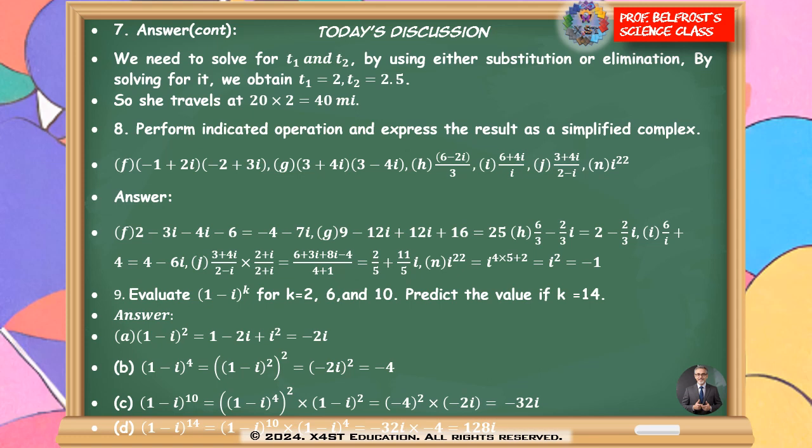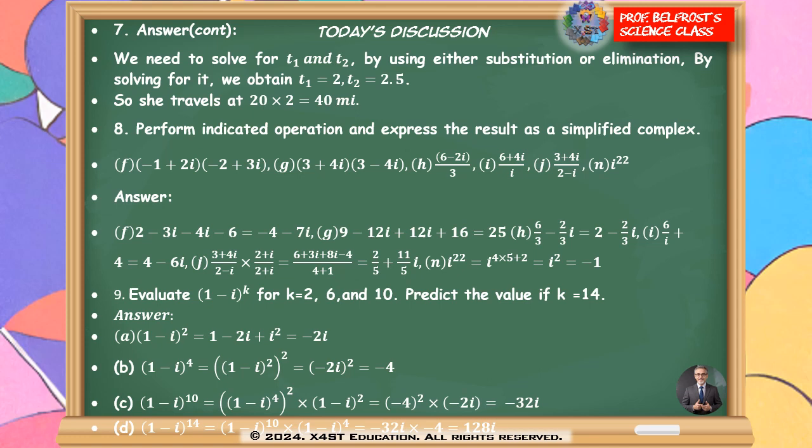Number 9, evaluate (1 minus i) to the power of k for k equals 2, 6, and 10, then predict the value for k equals 40 for the equation. Actually, it's easy. It's done by using the last thing that I explained at the end of the 8th equation. So it is cyclic. All the powers of i to k are cyclic by 4.